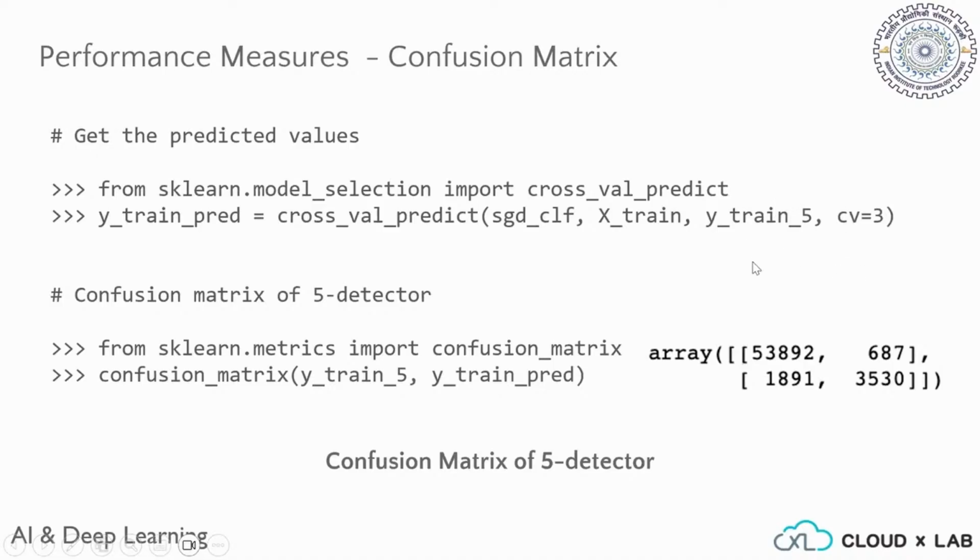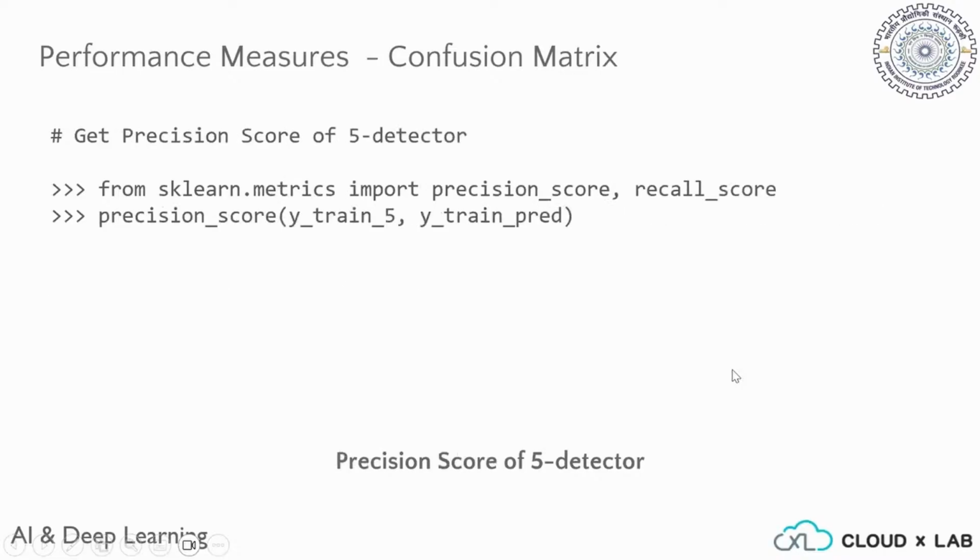So using that, we will create this confusion matrix of size 2 by 2, right? Okay.